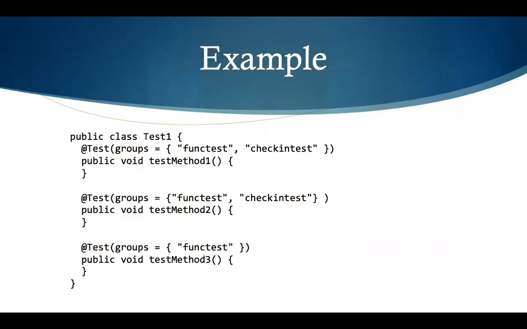Now let us see how we can actually tag our test case to groups. For that, in the @Test annotation, we have a parameter called groups. Inside groups, we can mention that this test case, test method 1, belongs to function test as well as check-in test.